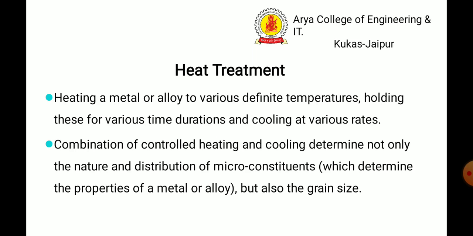This process is done at a definite temperature, and the holding time is different for different processes, and the type of cooling which we can apply, like air cooling, air quenching, oil quenching, etc. On these three parameters, that is temperature, holding time, and type of cooling, heat treatment is defined, and many sub processes we can study later.